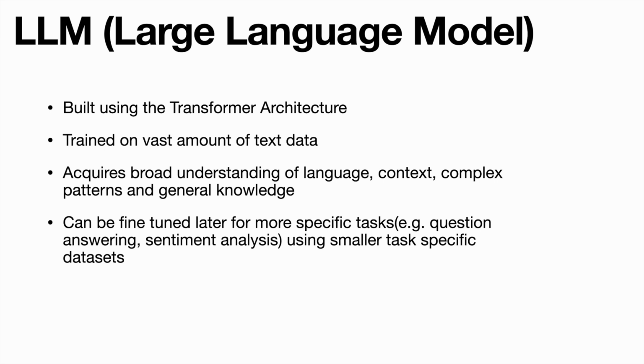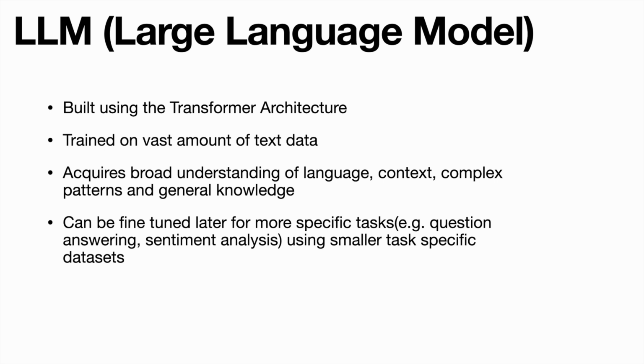So, large language model is built using the transformer architecture. These are trained on vast amount of text data. So that's the difference. That's why it is called large language model. That's because it is trained on a huge amount of data, right?